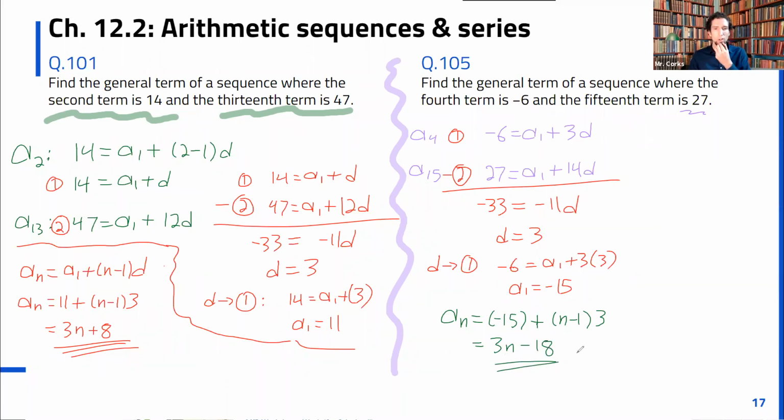There's the general term, and of course we can use that to find any term in the sequence. Okay, that's how we do these. So you can get a term that's anywhere in the middle of the sequence, and just do some system of equations stuff to figure out what the rest of the pattern is.